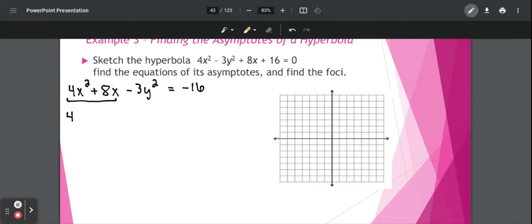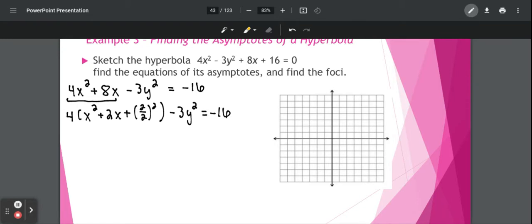So we're going to factor out a 4, and we'll have x squared plus 2x. And to complete that square, we're going to add b over 2 squared. So if we add, our b value is 2, 2 over 2 squared. This minus 3y squared can stay because there's no y, and that's going to equal negative 16.